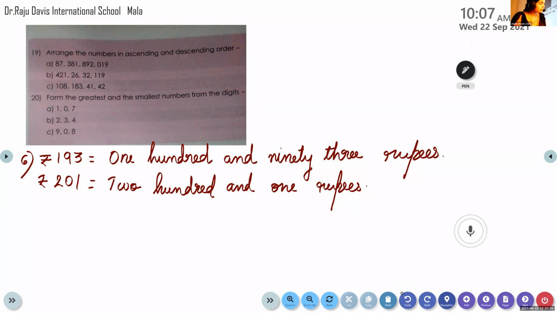Yes, Prithvi joined late. Now we are discussing question number 6. Okay, so please start writing question number 6 onwards. Ma'am, I am joining late. Okay, 6 onwards, please write the answer. Which book, ma'am?